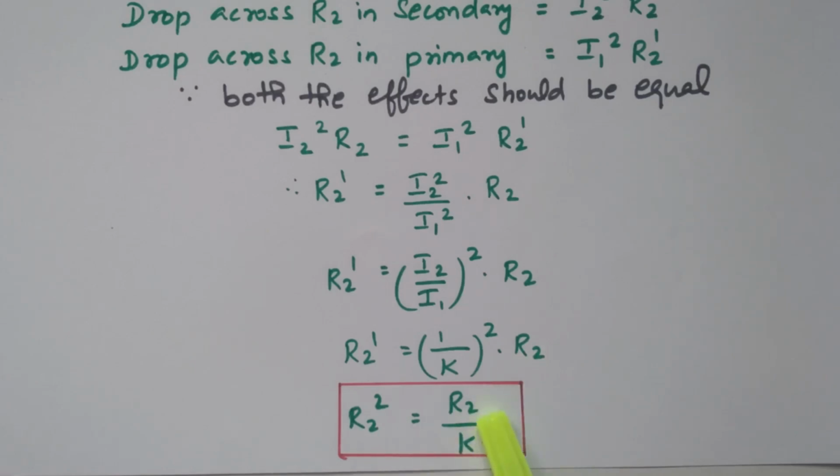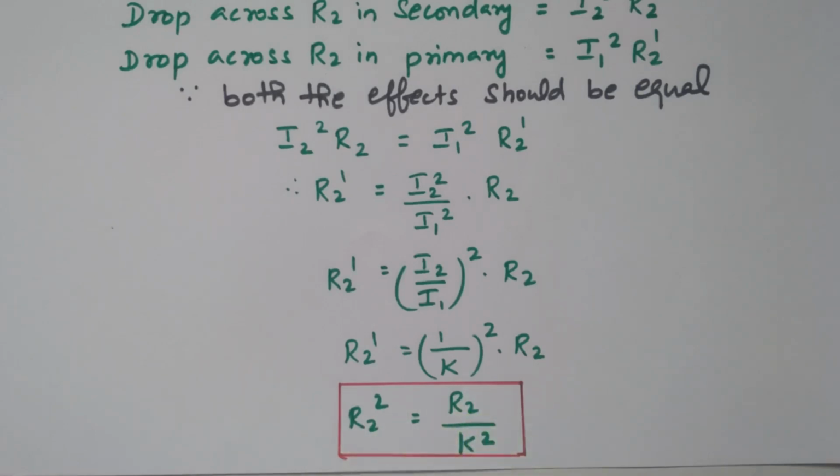R2 is the resistor referred in the secondary, while transferring to the primary it becomes R2 dash. So the equivalent resistance is R2 divided by K square. When R2 is divided by K square, we obtain the resistor referred to the primary. R2 dash equals R2 divided by K square.